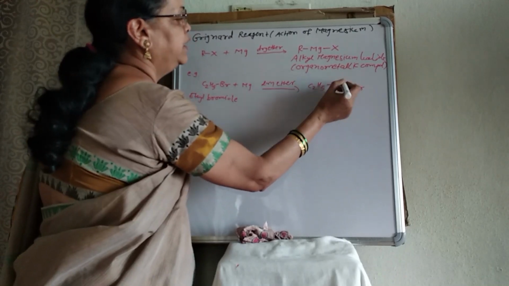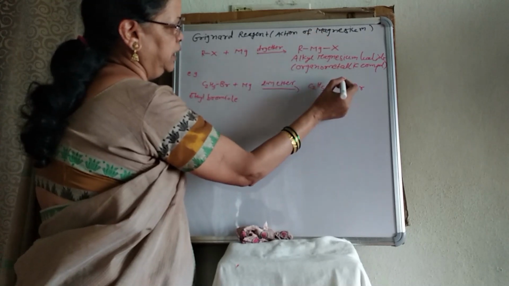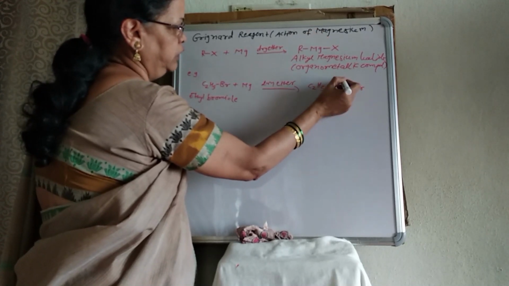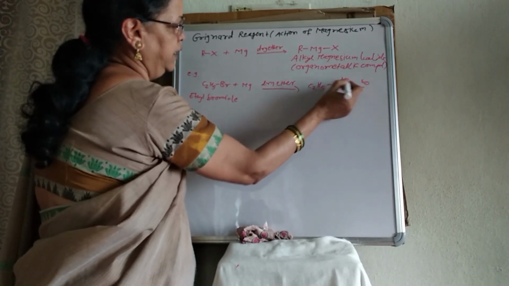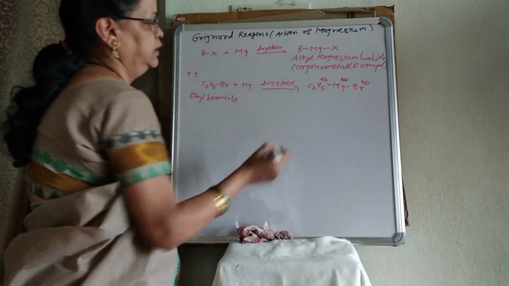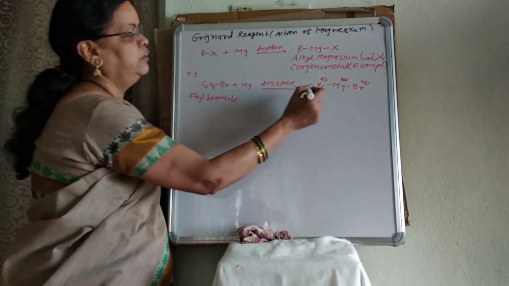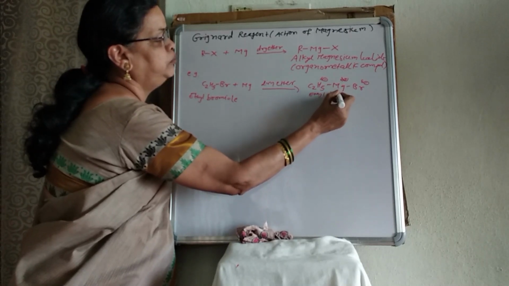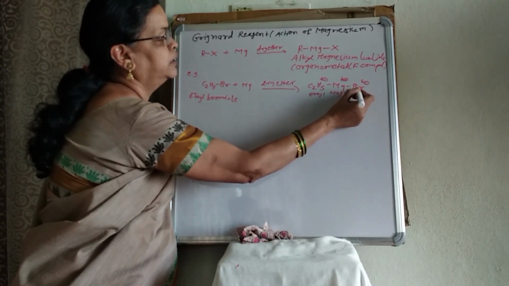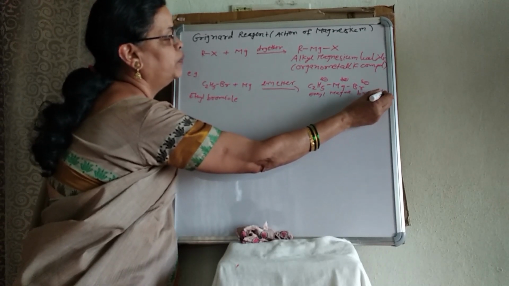It may be represented in ionic state also. Some partial charges are present: the metal carries a positive charge, while the non-metals carry a negative charge. So here C2H5Br gives ethyl magnesium bromide. Ethyl magnesium bromide you have to write down.